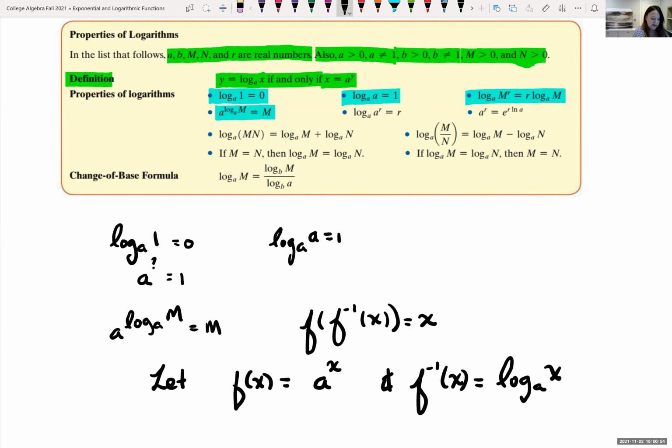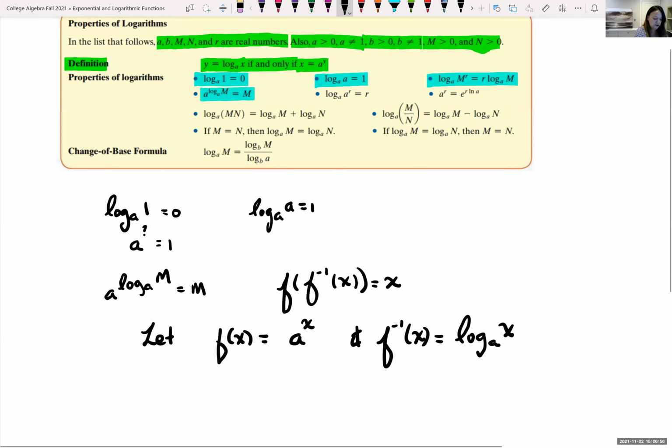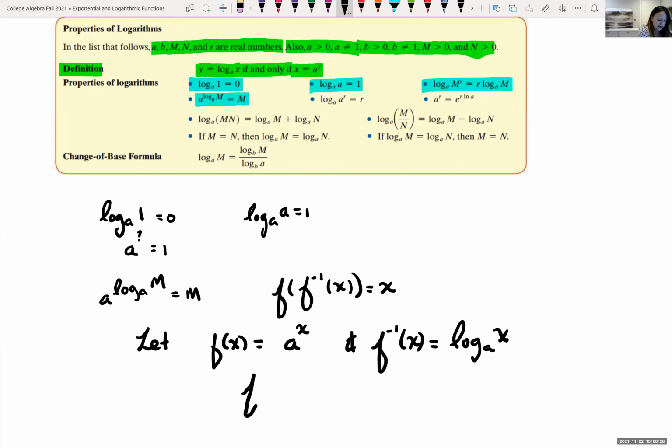Okay, so now if I take the composition of those two functions, I'm plugging in my log base a of x wherever I see an x in f of x. And so if I do that, I get a raised to the log base a of x.